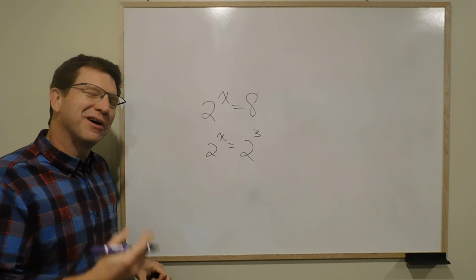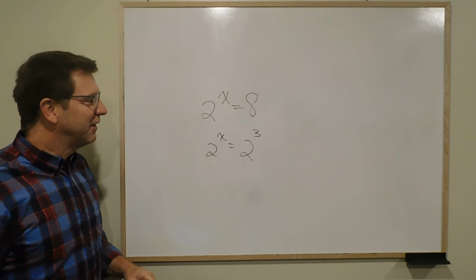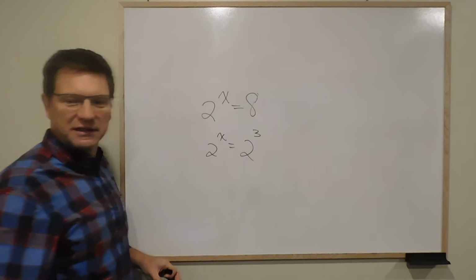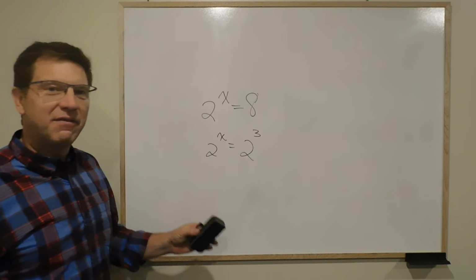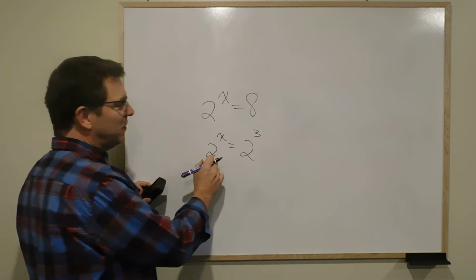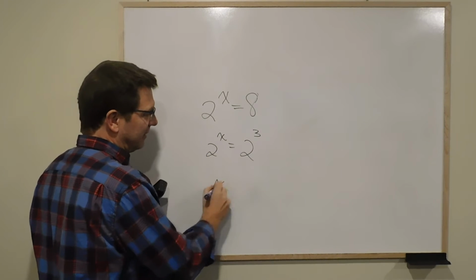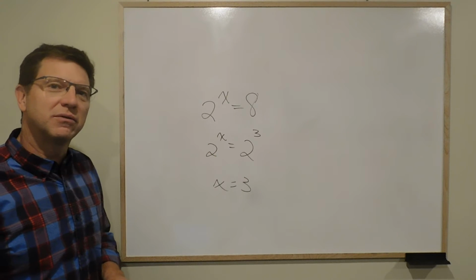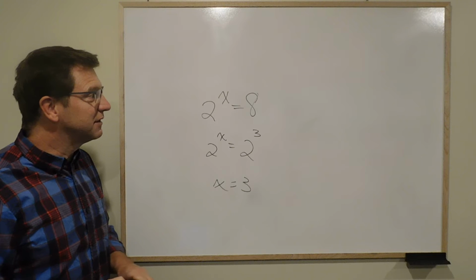Because 2 times 2 times 2 is 8. And we could say, well, hold on, if the bases are the same, we can ignore the bases, and that's what it's talking about in this slide. If a to the x equals a to the y, then x equals y. We could ignore the bases and say, well, x must equal 3, because that's the only way that would be true. Now that works out nicely for that one.